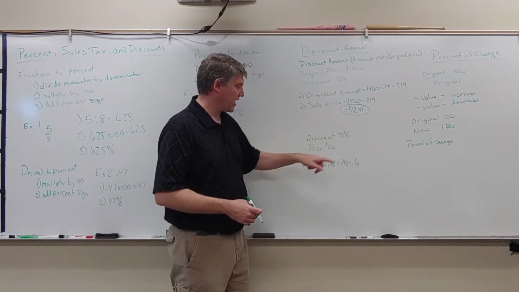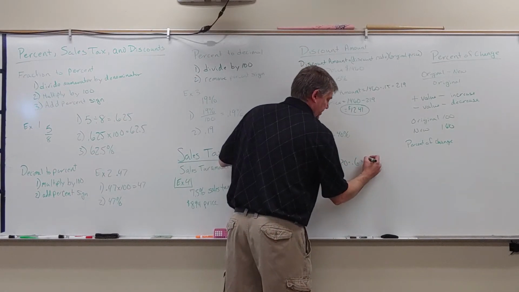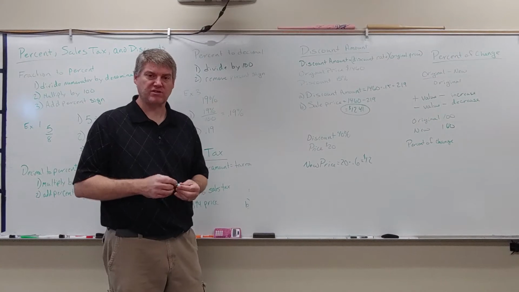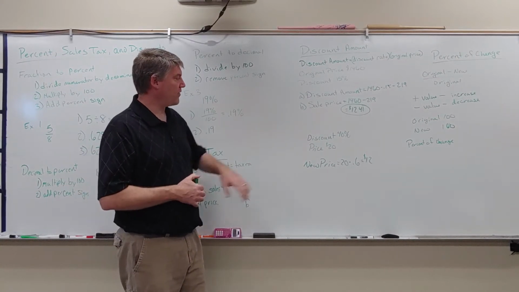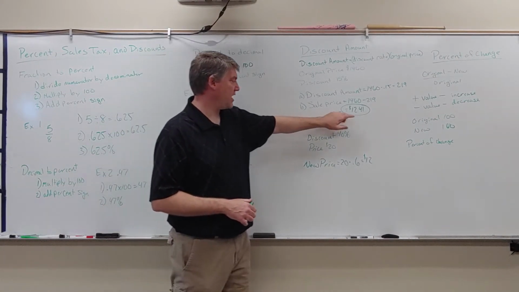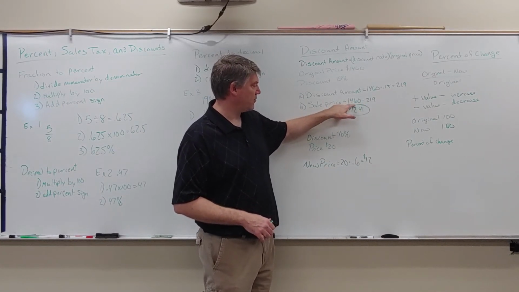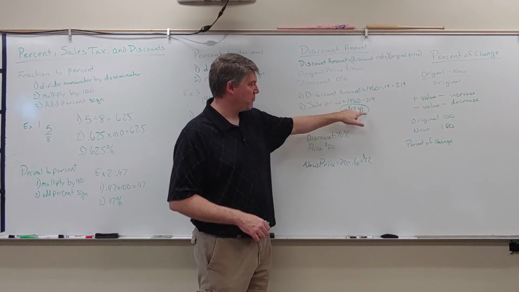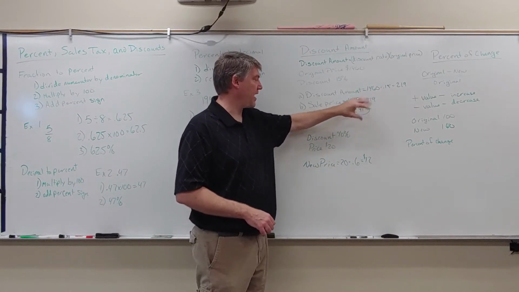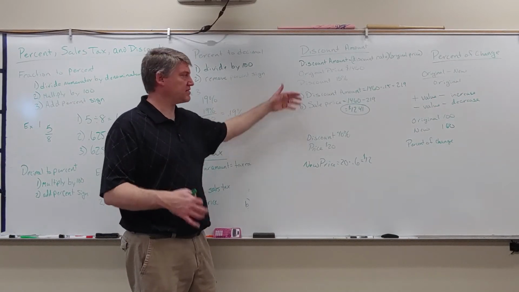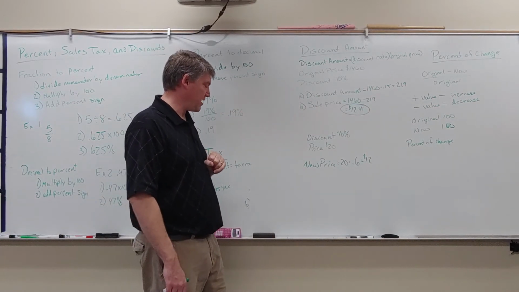So I can just subtract this from here and get that this is $12. It doesn't really matter. It's just whatever's easiest for you. So if I want my new sales price, all I have to do is multiply. In this example, I could take 1,460 and multiply it by 0.85, and that would give me this price right here. If they want each piece, obviously you're going to do them individually.